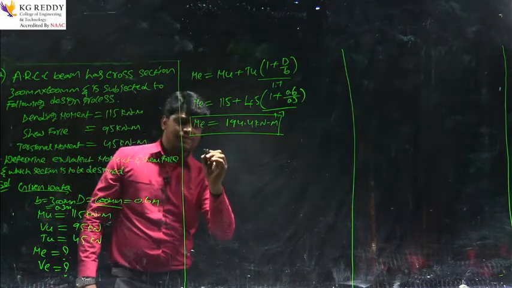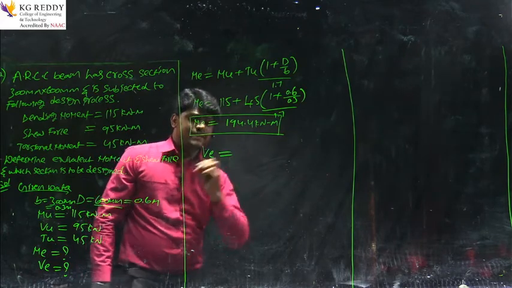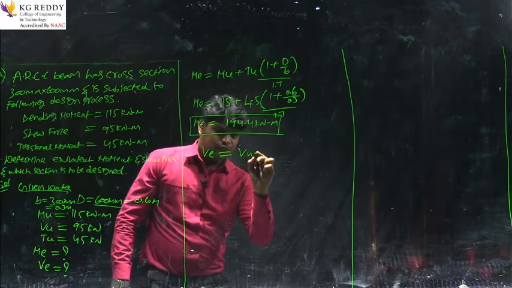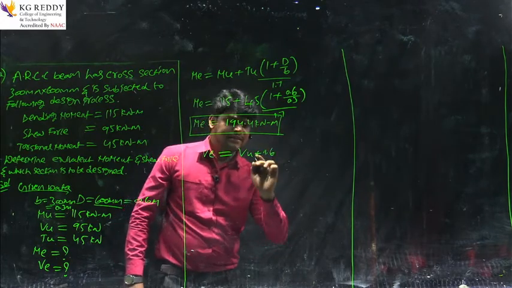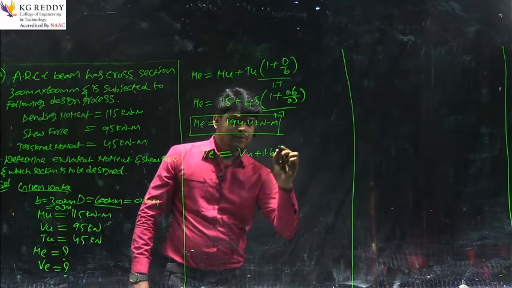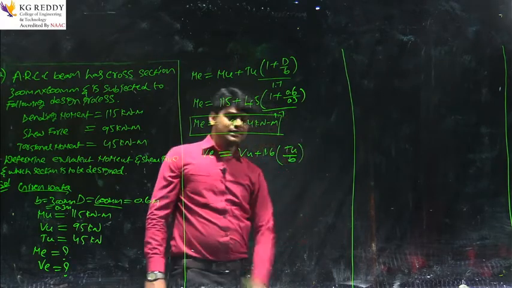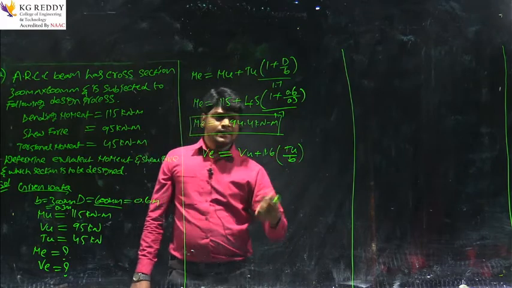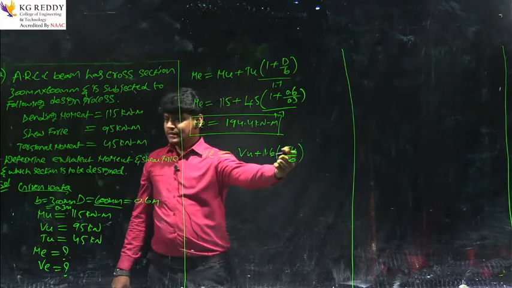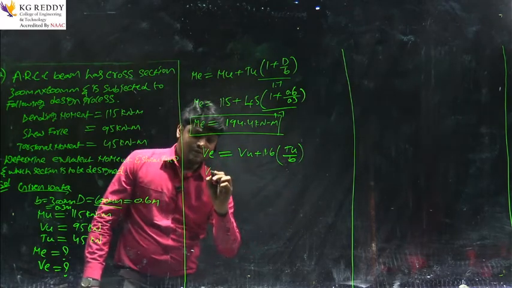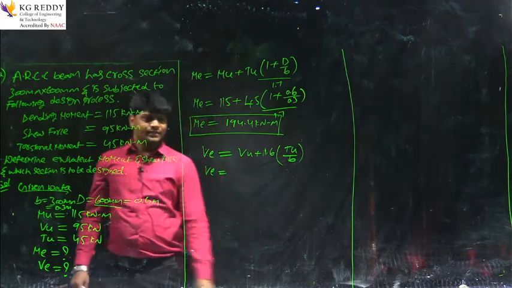Now we go to the equivalent shear. What is the formula for equivalent shear? Equivalent shear V suffix E equals V suffix U into 1 plus 1.6 into T suffix U by b, that means the design torsion divided by b. Now V suffix E equals, what is the V suffix U value?